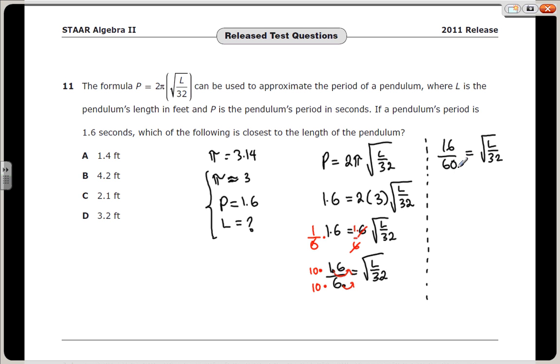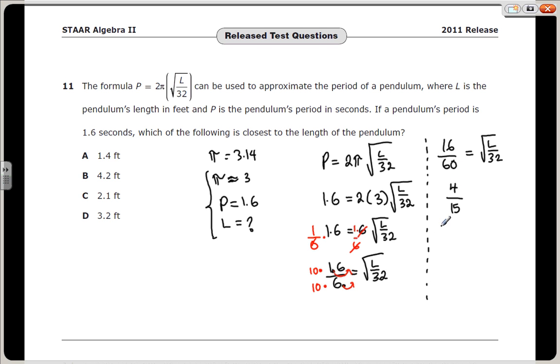16 over 40. What goes? 16 times 5. Well, that doesn't work. Let me divide by 4, okay? So 4 goes here 4 times, and 4 goes into 60 15 times.